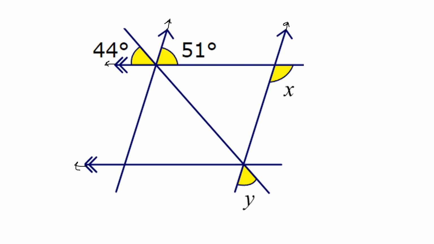Well, logically speaking, we can work out what this angle is because the angle on a straight line is equal to 180. So 51 plus 44 plus x is equal to 180. And so therefore 180 minus 44 minus 51 is equal to x, which is equal to 85. So we can label this as 85.